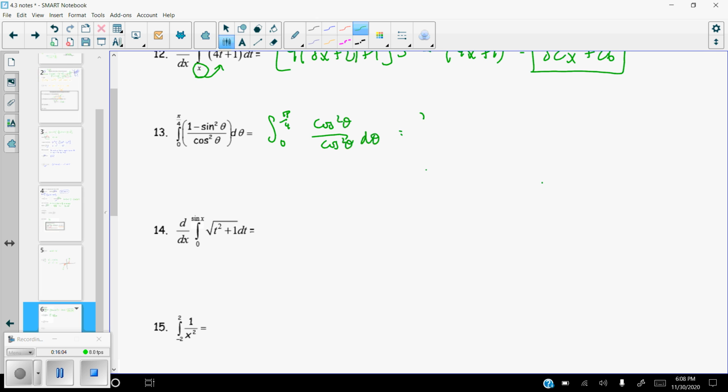So what we really have to take the integral of is 1 d theta. Now, keep in mind here that your variable here is theta. So when you take the antiderivative of 1, it's not x, it's theta. And we're going to evaluate that from 0 to pi over 4. If I plug in pi over 4, I get pi over 4. If I plug in 0, I get 0. So the answer is pi over 4.